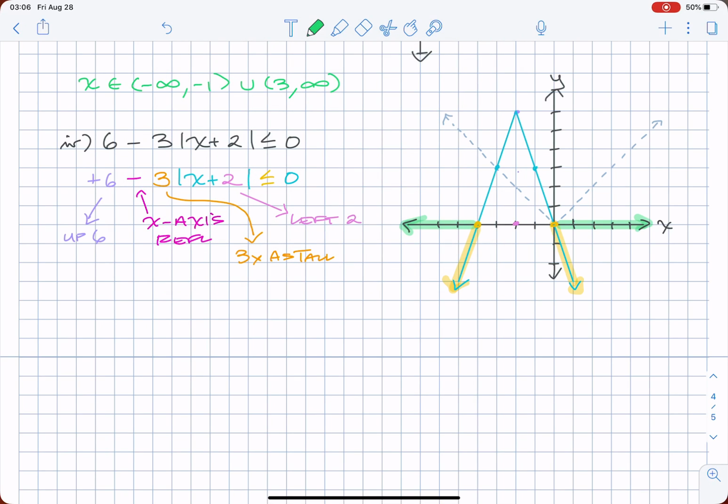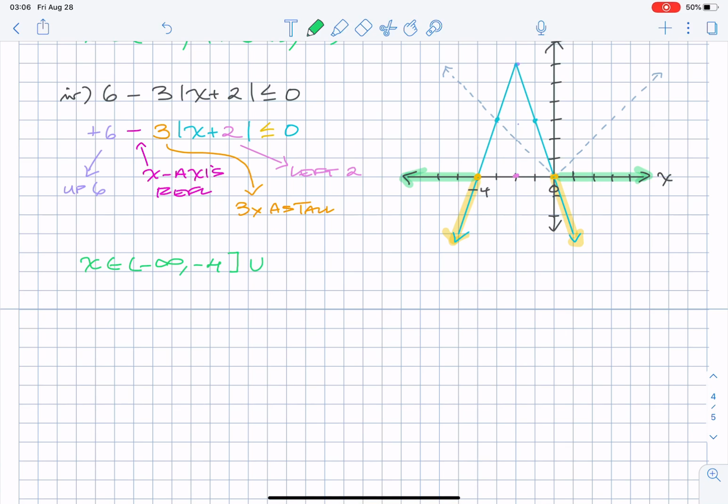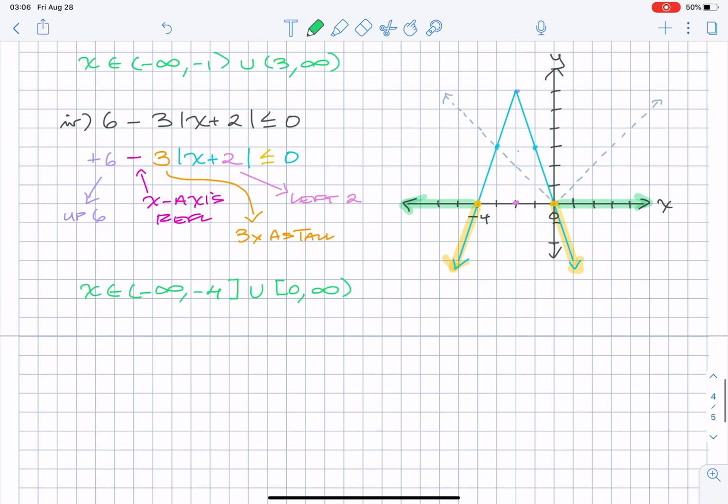Okay, so that would mean that x is between negative infinity and, what was this value? Negative 4, and that's 0. So, negative 4, inclusive, it was a solid dot. So bracket, or start again solid at 0, all the way to infinity.